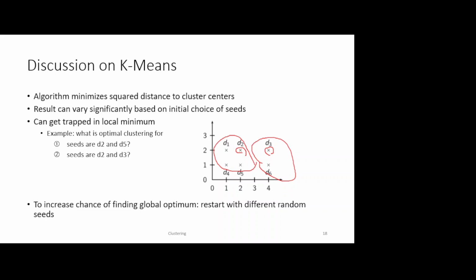You just run it. It's a single line to specify how many clusters you want, and it's easy to run. But you have to run it several times to make sure you will not get trapped in a local optimum.